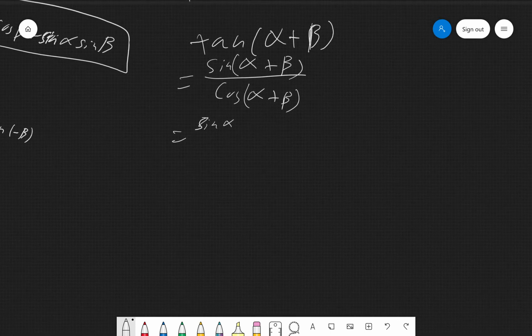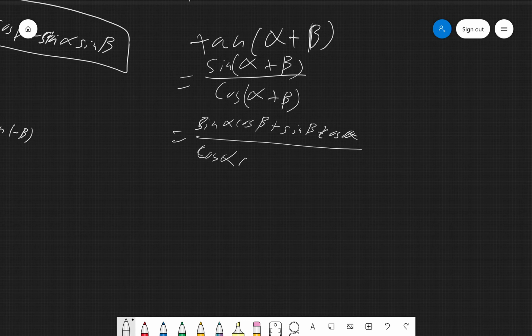So we get sine of alpha, cosine of beta, plus sine of beta, cosine of alpha, over cosine of alpha, cosine of beta, minus sine of alpha, sine of beta.